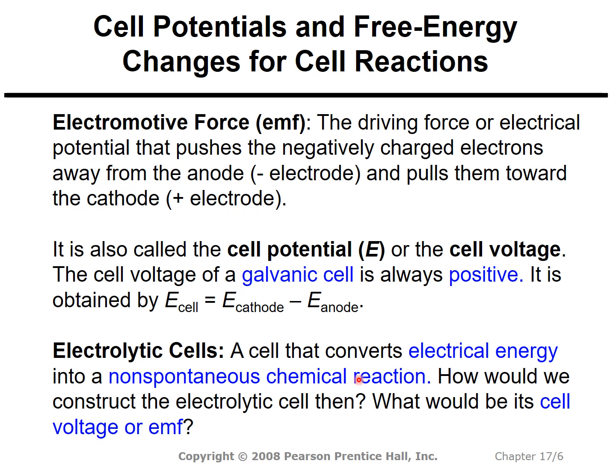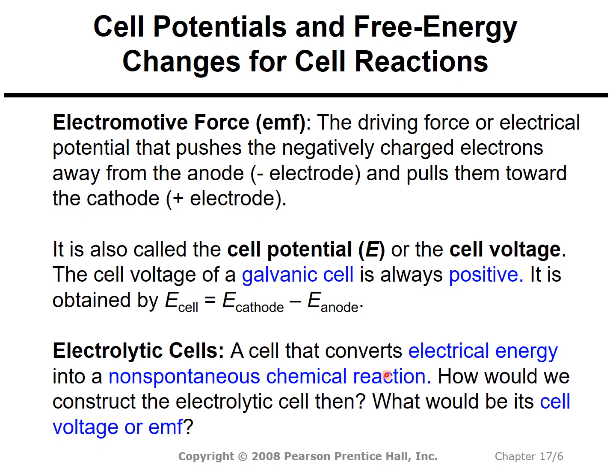In chapter 1a, I gave you an example about electroplating of gold 2 plus onto the electrode. By applying some negative potential to the system, we changed the gold 2 plus into gold 0. So this is the case of electrolytic cells: a cell that converts electric energy, meaning we have applied some potential or electricity, into a non-spontaneous chemical reaction.